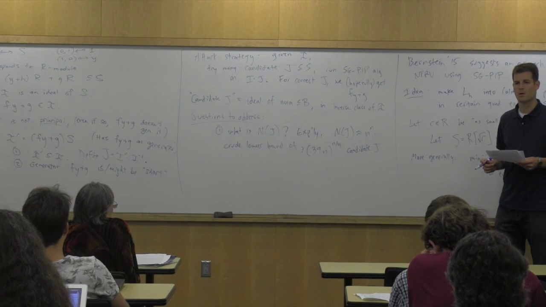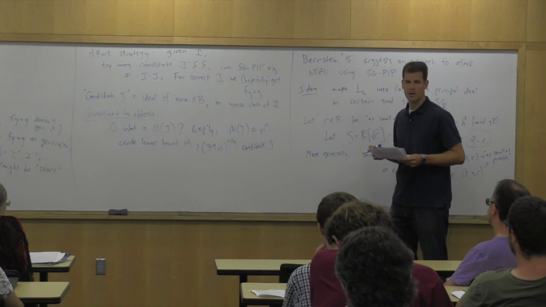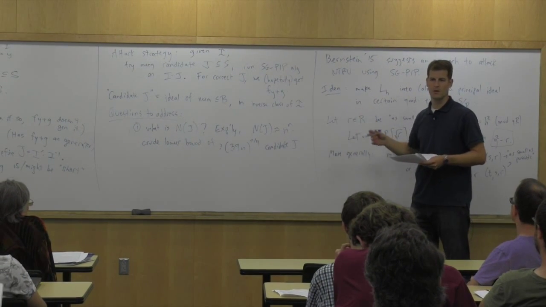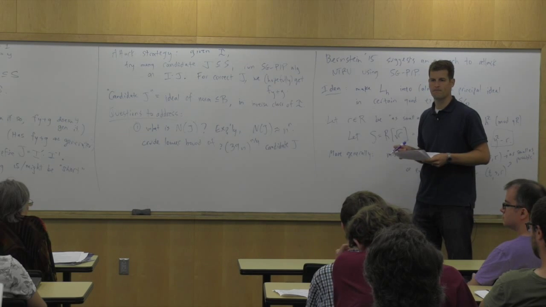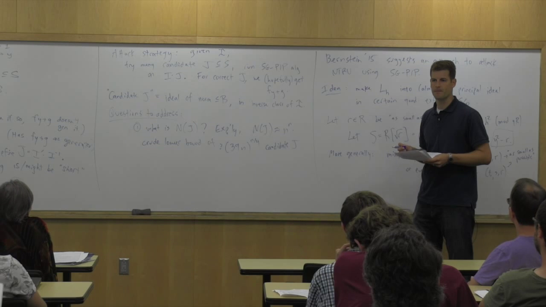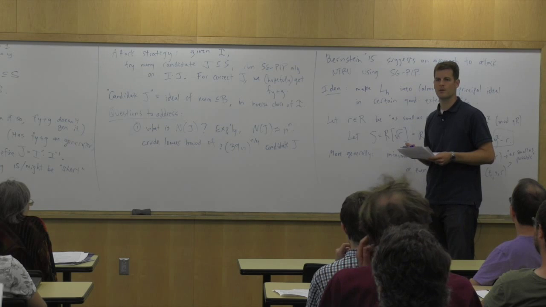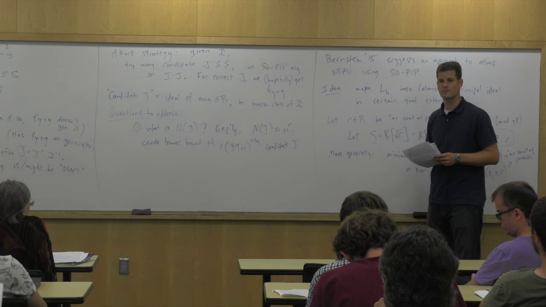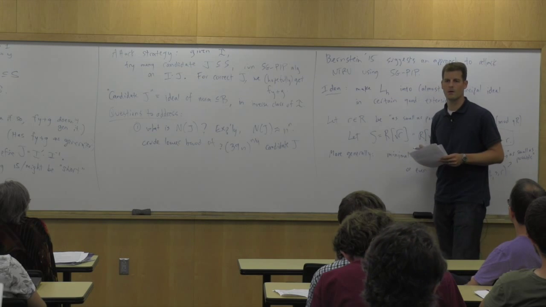To enumerate J's of all norms up to B, what's our lattice here? I inverse, I think.